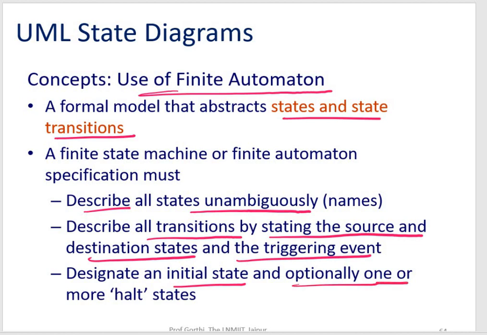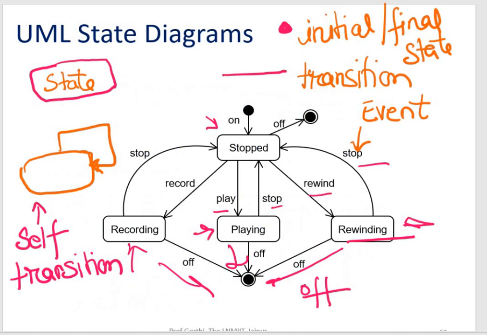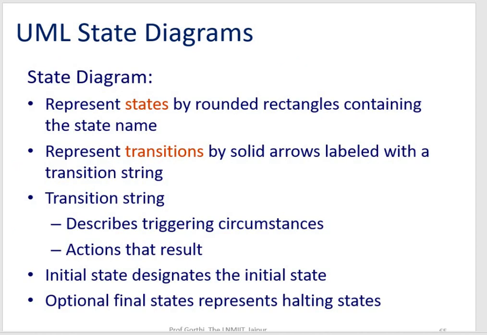A formal model that abstracts the states and the state transitions is your state diagram. A finite state machine or finite automaton specification must describe all states unambiguously and all transitions by stating the source and destination states and the triggering events.